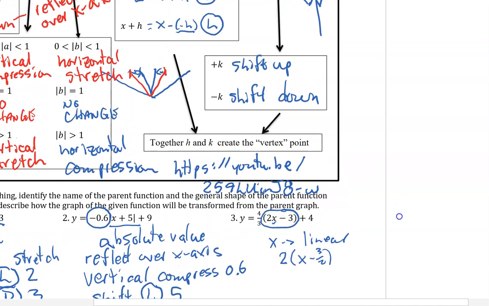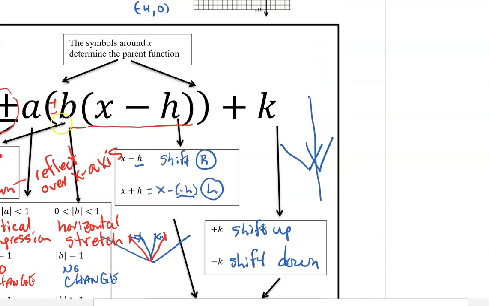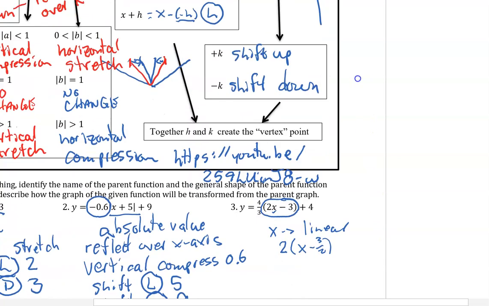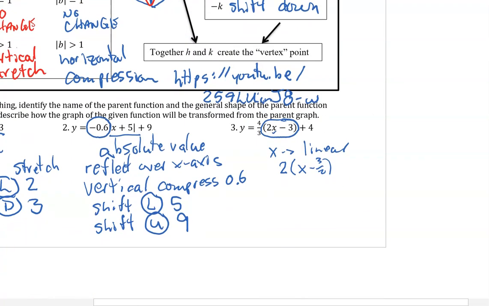That gives us that value b. So b is positive, so no change to its y-axis relation. And it's 2, which is greater than 1. So this is horizontally compressed by a factor of 2. Now I had to do that before I look for h.